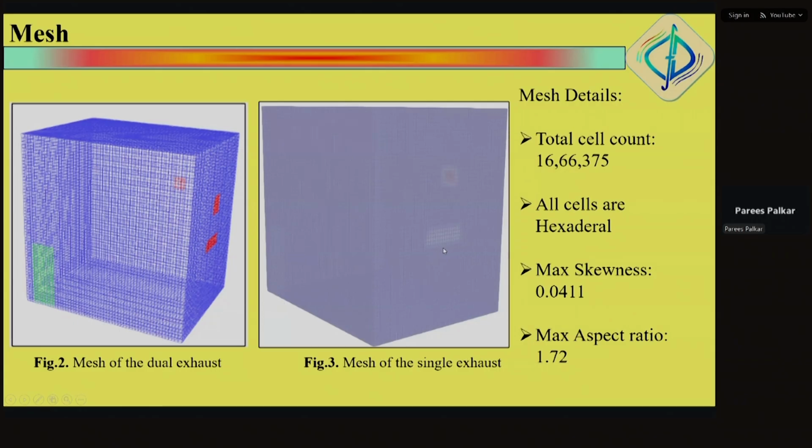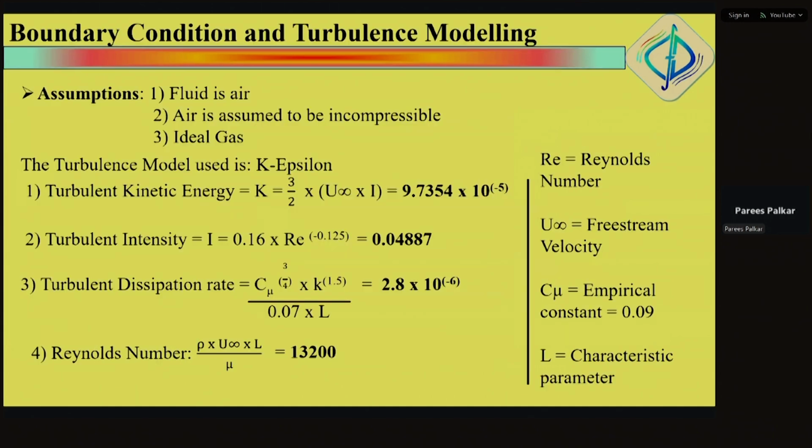The mesh details are: the total cell count is around 1.6 million, and all cells are hexahedral. The skewness is 0.041, which is okay. The maximum aspect ratio of the mesh is 1.72. Before moving further, we have to make some assumptions.